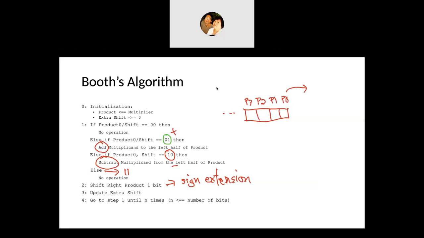But instead of discarding this bit, we put P0 into the extra shift. We just update the extra shift by using the value of P0. Or you can say that the extra shift is the next bit to P0.